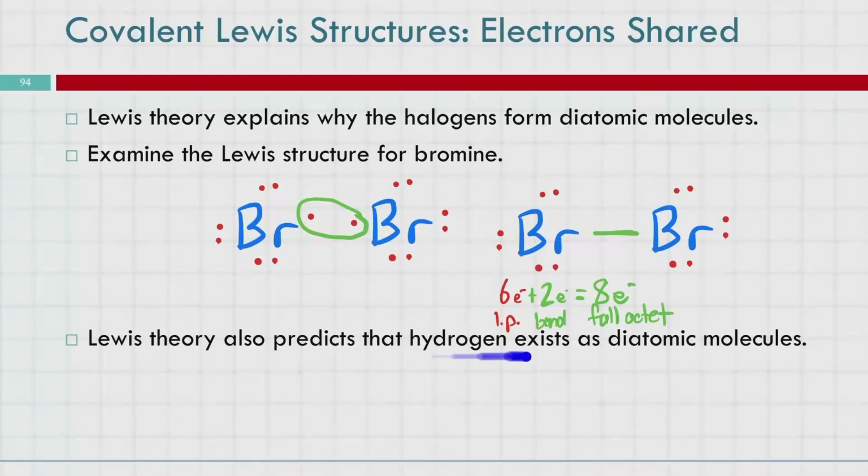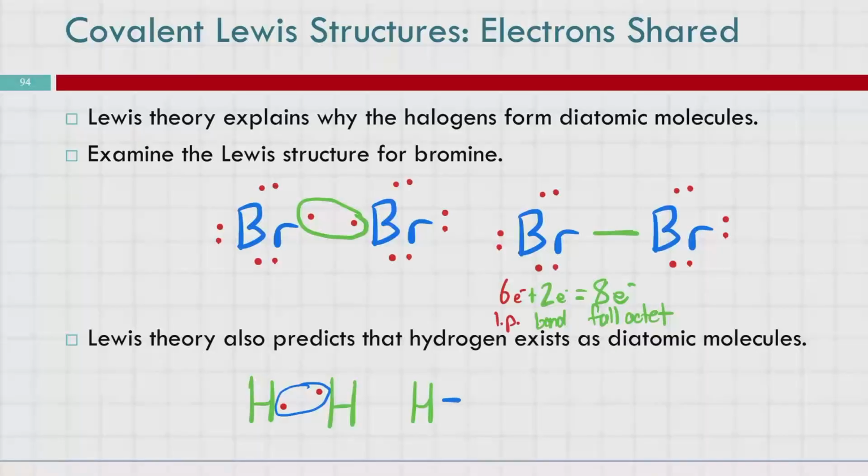This also predicts why hydrogen exists as diatomic molecules. Hydrogens have one valence electron. They're also the same power level. They can't beat each other up and steal the electrons. And so instead, they share.